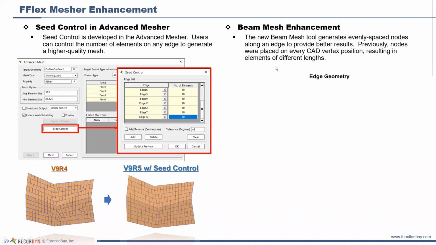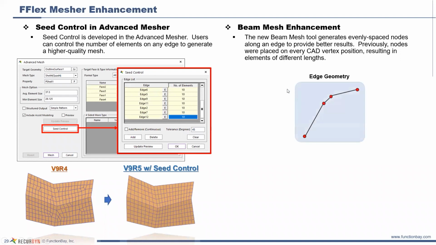There's also an enhancement to the meshing of beam elements, and the enhancement is that it will now generate evenly spaced nodes along an edge to provide better results.